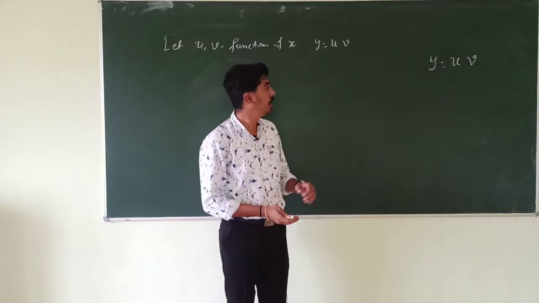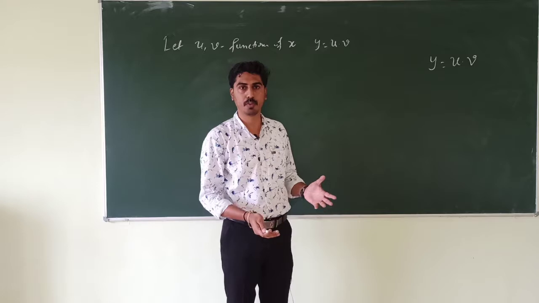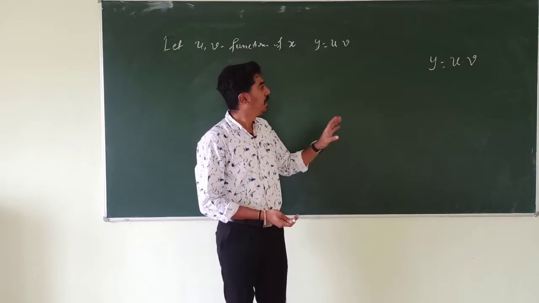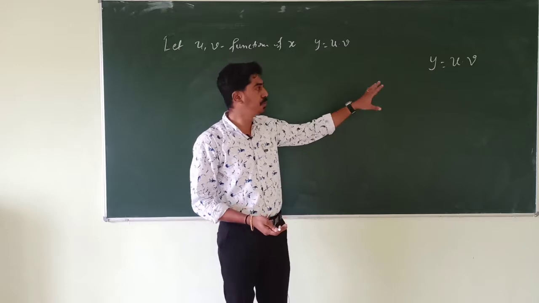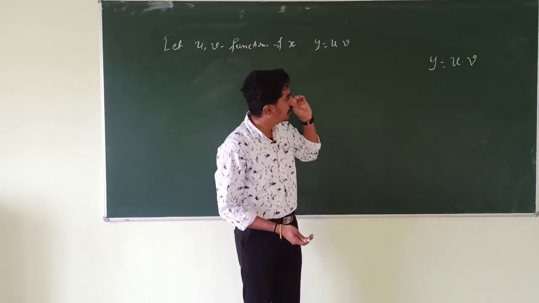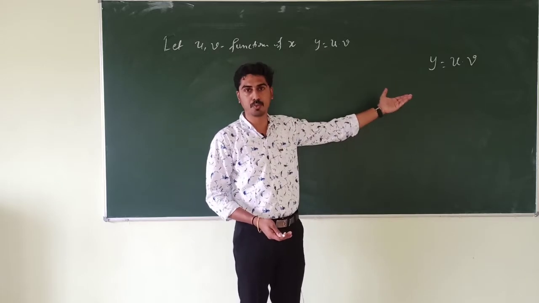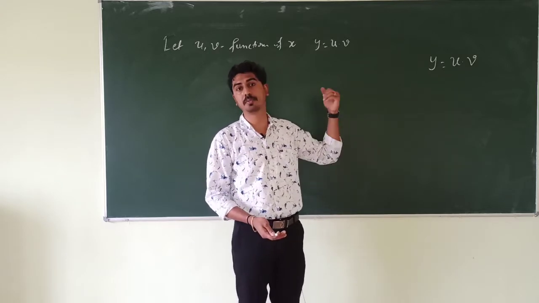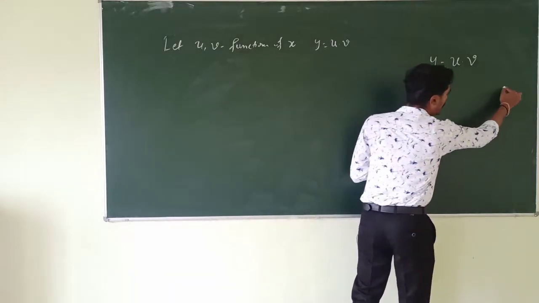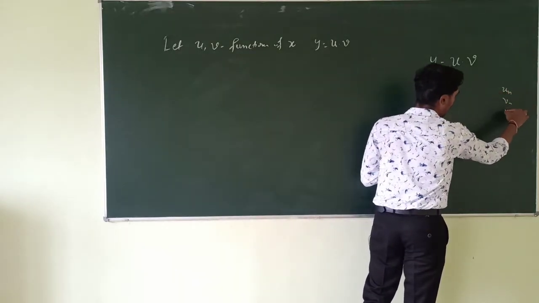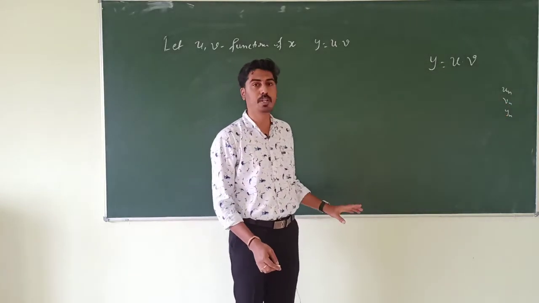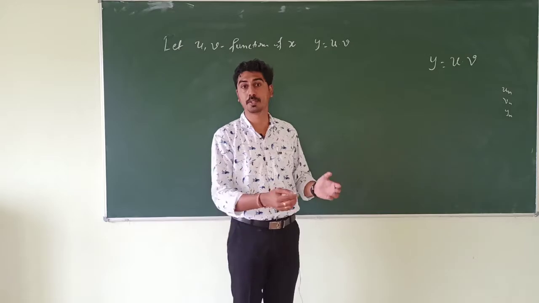Let me denote y as y0 for the sake of notation. y0 means y, u0 means u, v0 means v, and u1 is the first derivative of u, v1 represents the first derivative of v. Similarly, un, vn and yn represent the nth derivative of u, v and y respectively.